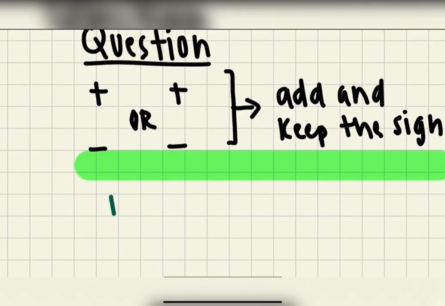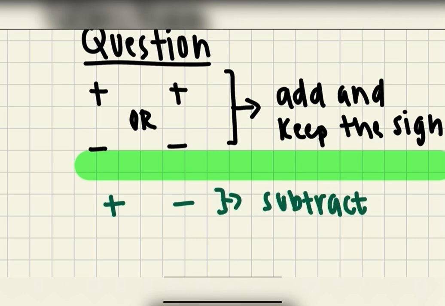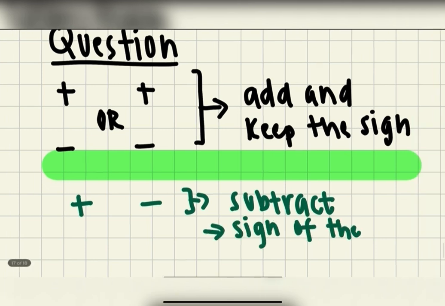If you have a positive number and a negative number left, in this case, you will subtract the two numbers, and your answer will have the sign of the larger number.